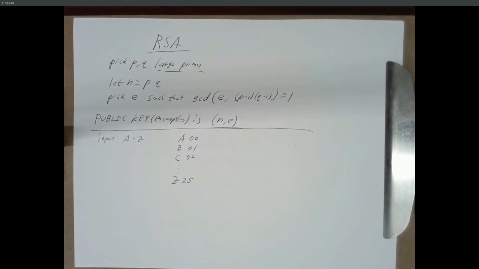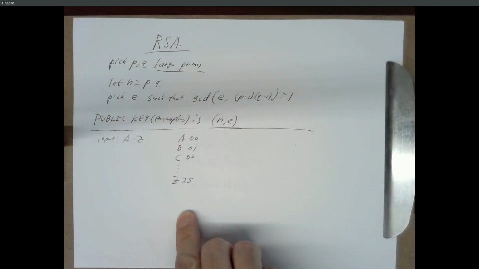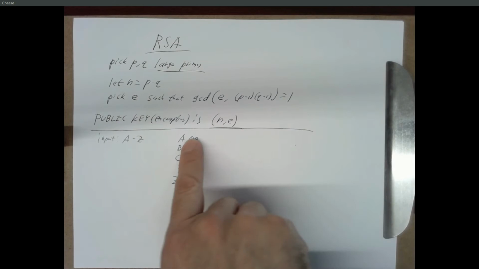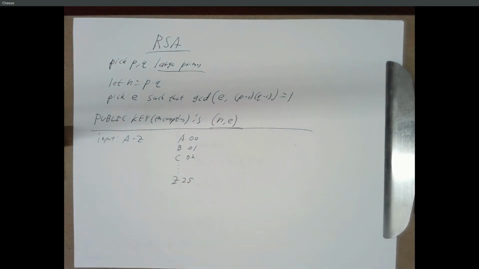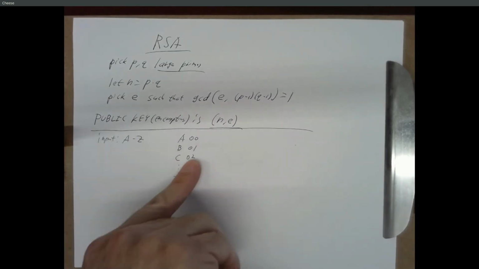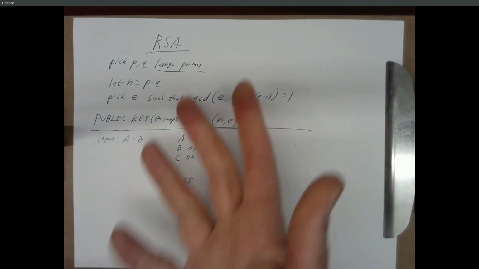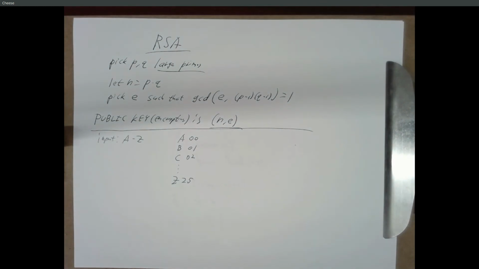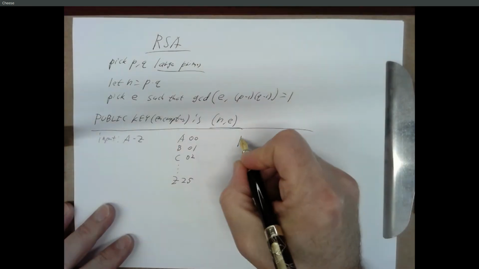There's nothing magic about this coding, but the idea is I'm going to take a set of input text and translate it into a big long integer. I want each of these to be 2 digits so that when I look at my big long integer, I can turn that directly back into text. I don't want some 1 digit, some 2 digit ones. You could have more characters than just 26, but just for simplicity. So M is your message.